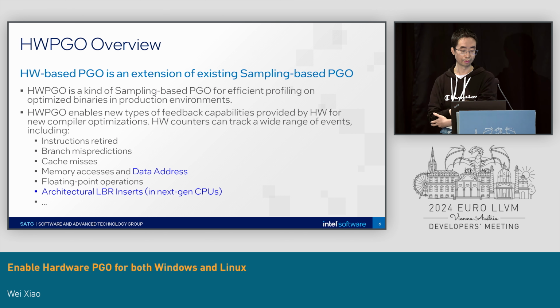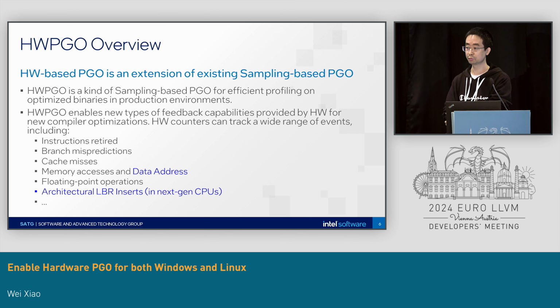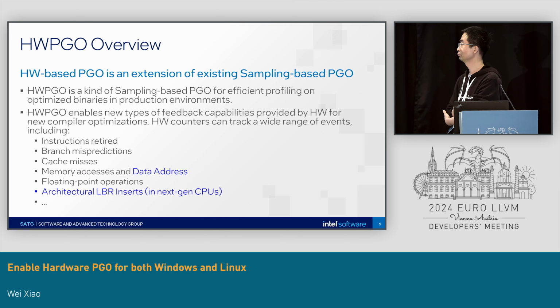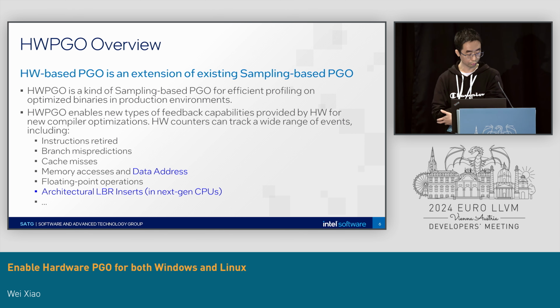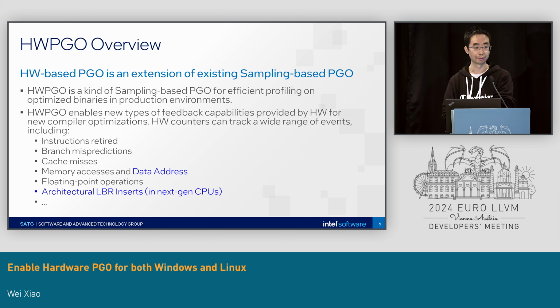But we emphasize the new types of hardware feedback capabilities so that we can enable some new compiler optimizations, since modern hardware can track a wide range of events besides the traditional instructions retired.